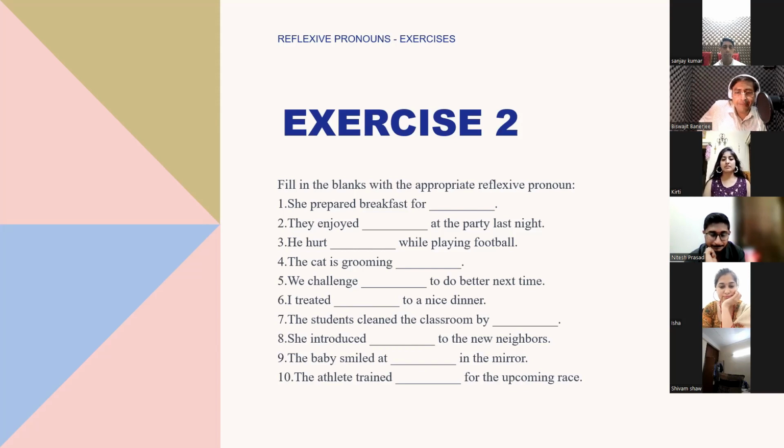Okay, Sanjay. They enjoyed dash at the party last night. See, you are a party goer, and all sentences that come your way also have to do something or the other with parties. Now go on, answer the question. They enjoyed dash at the party last night. They enjoyed himself at the party last night.